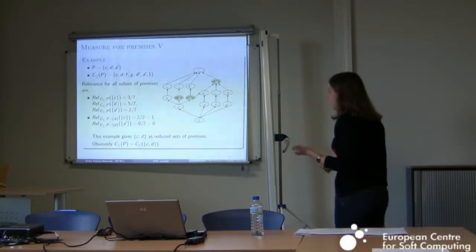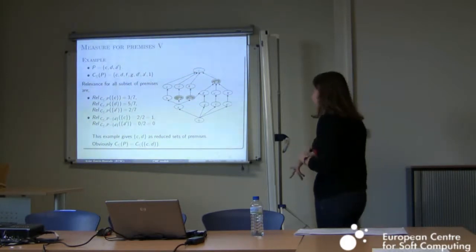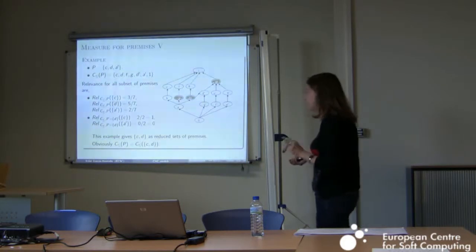And doing that algorithm, the set of reduced premises will be CD.